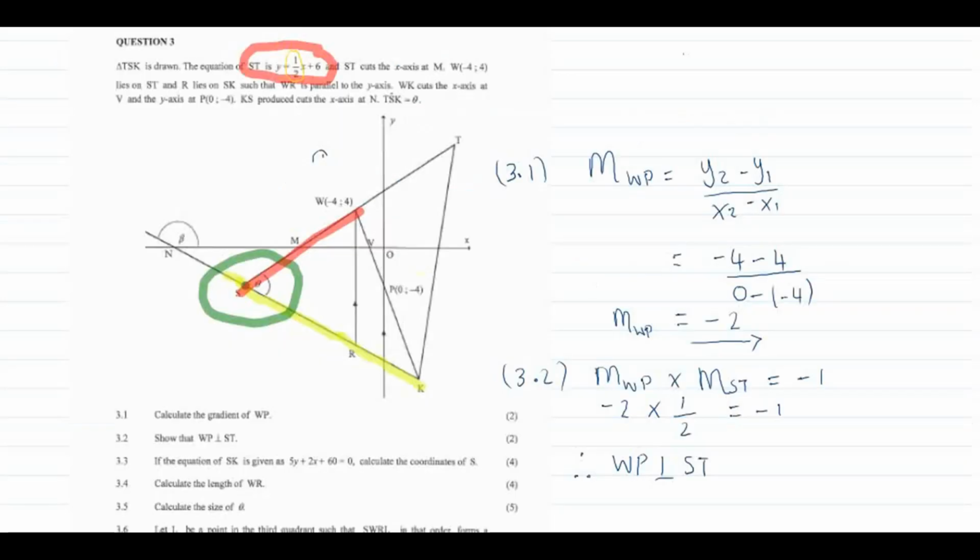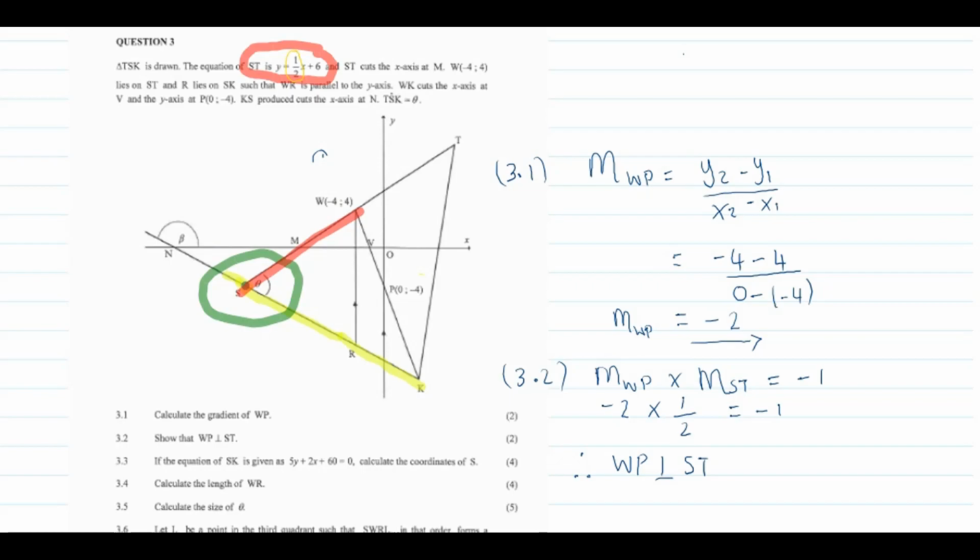I also mentioned that we already have the equation of our line SK, and we also need the equation of our line ST, and we have to solve these two equations simultaneously to get the coordinates of our point S, right? We're already given the equation of our line ST, and that is y is equal to half x plus 6.